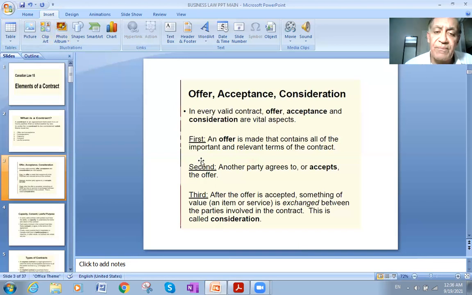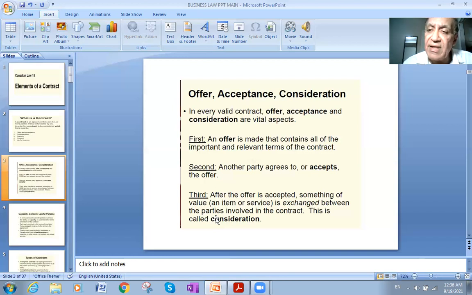So we said now there must be offer, there must be acceptance, and there must be consideration. The consideration is what you are going to exchange between you as seller and he as buyer. What is the article which both of you care about?